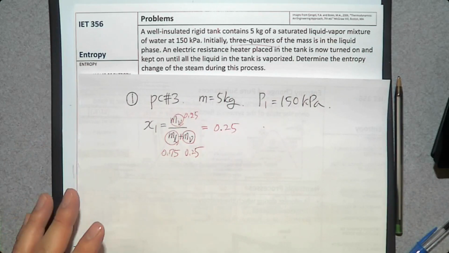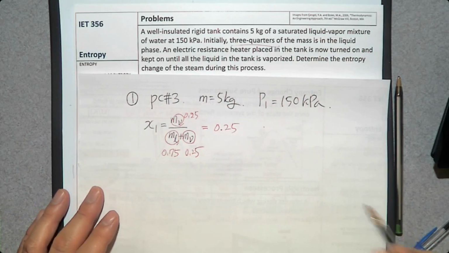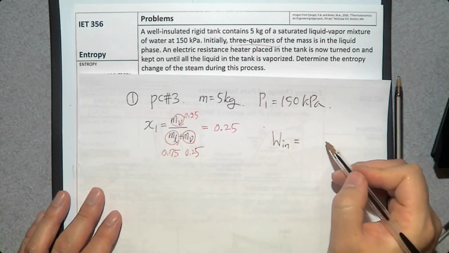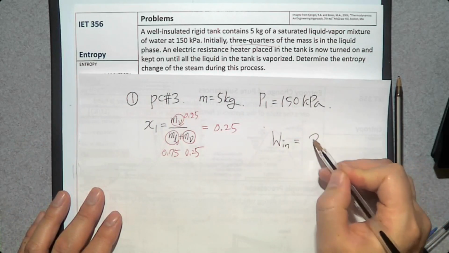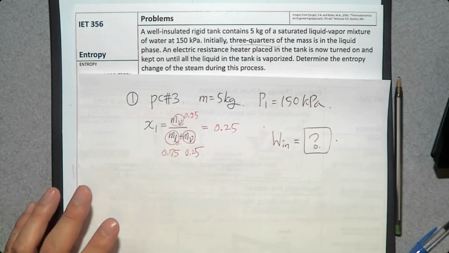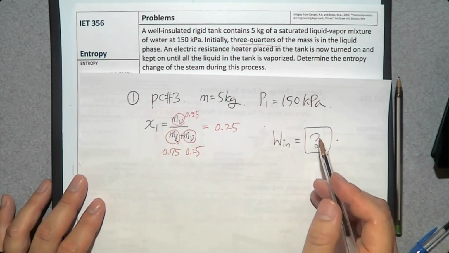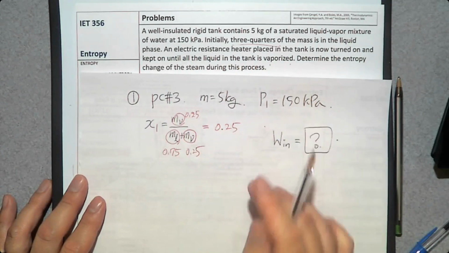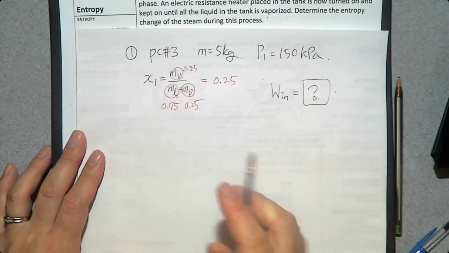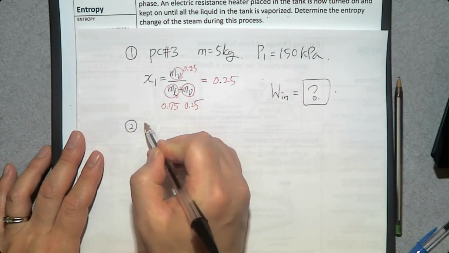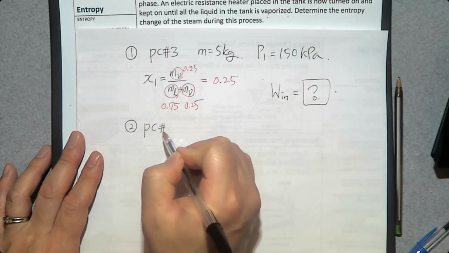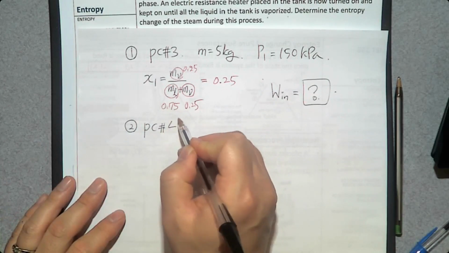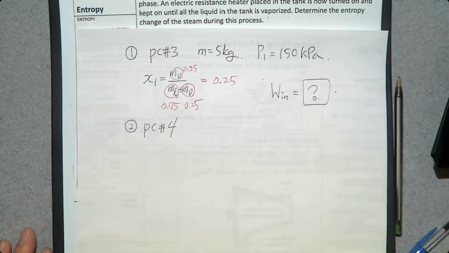Then we have an electric resistance heater that is going to provide work into the system. How much? I don't know, but we know it's going to be provided until all the liquid in the tank is vaporized. That means at the end of the phase change process, the final state is going to be saturated vapor.